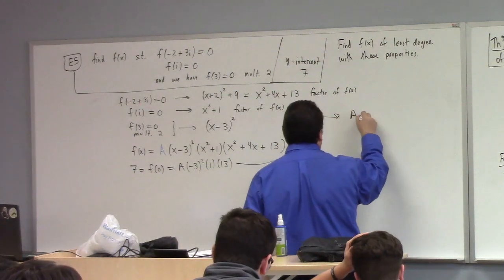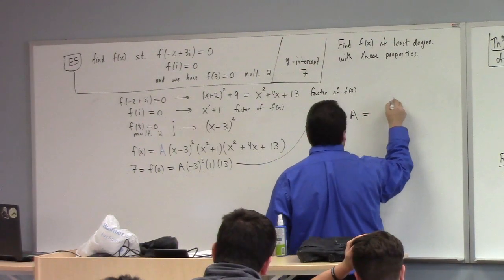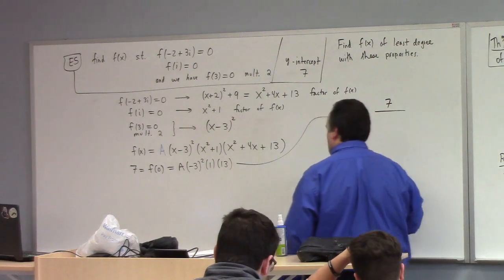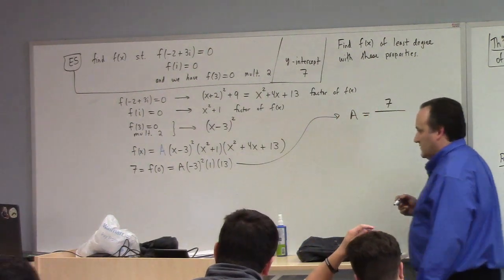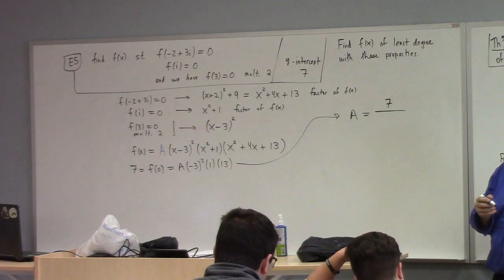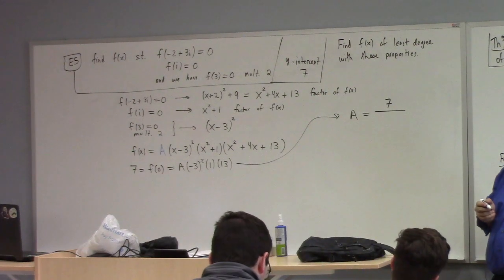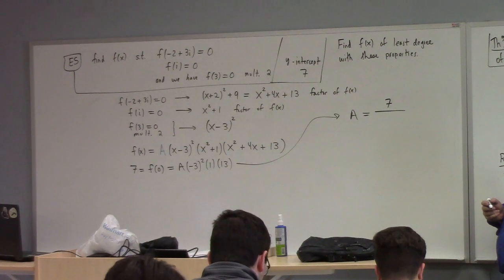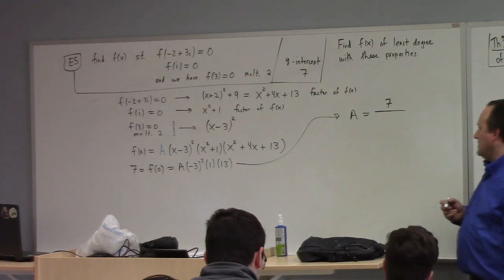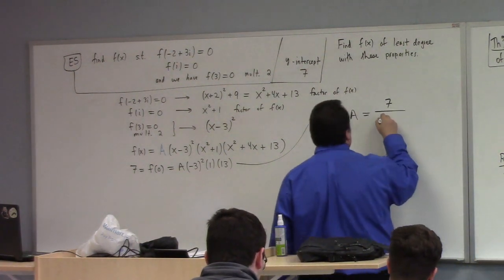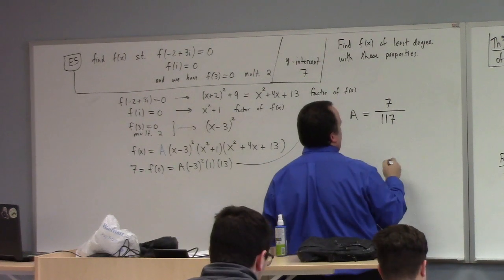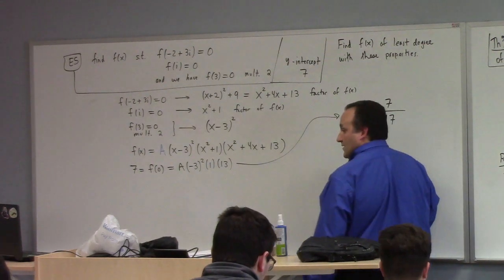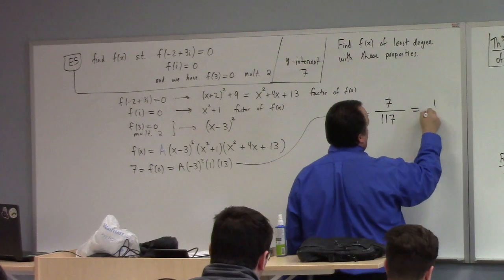And so that tells me a is actually equal to 7 divided by 9 times 13, whatever that is. 117? I don't know. Yeah, 117.